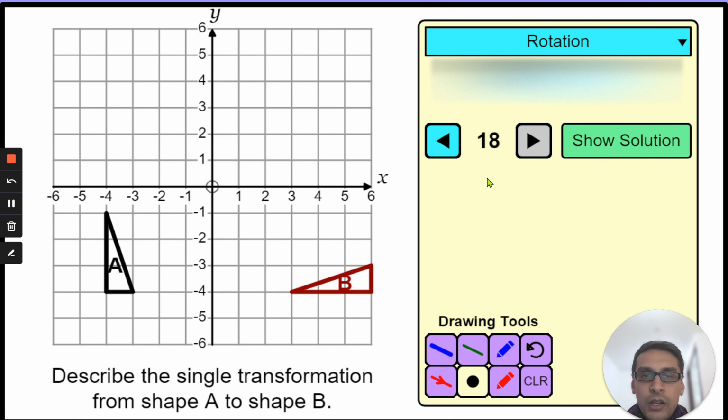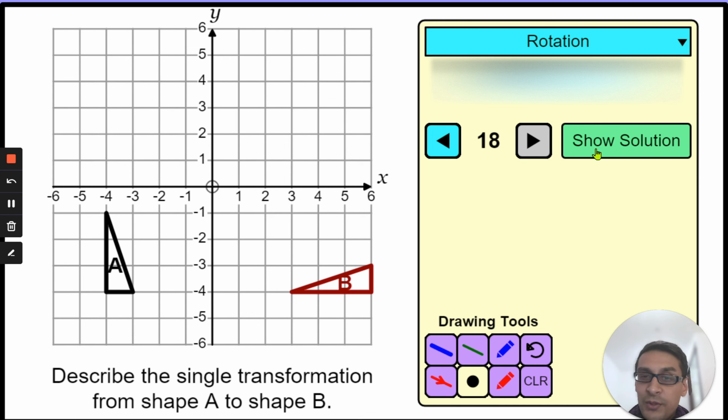Okay, the last example here is describing the transformation from A to B. So this one is a bit trickier, so I hope you pause the video and actually work out where the center of rotation is. Remember, we're going from A to B. Okay, so if you have got an answer here, I'm about to show you the solution.